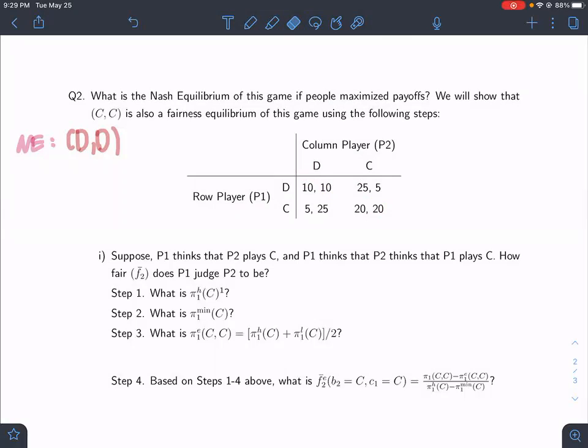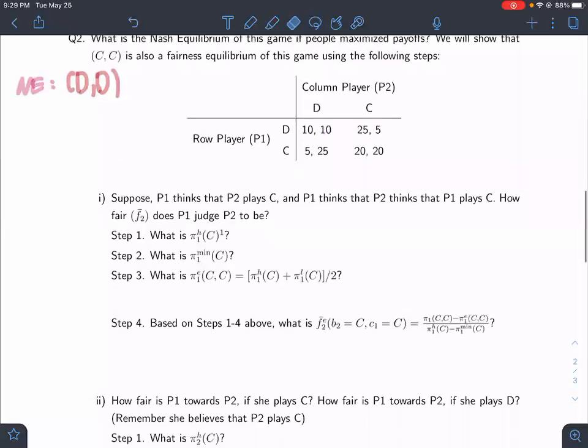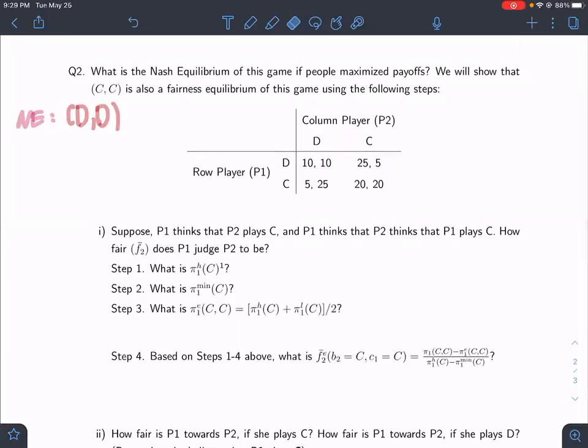So let me move on. So let's see how we compute fairness equilibrium, how we show that. Okay, so suppose that P1 thinks that P2 plays C. So this is my first order belief.